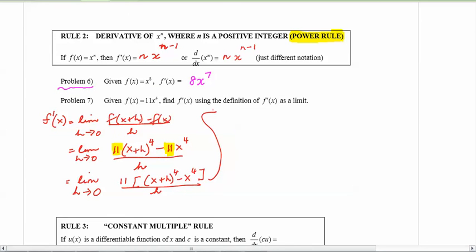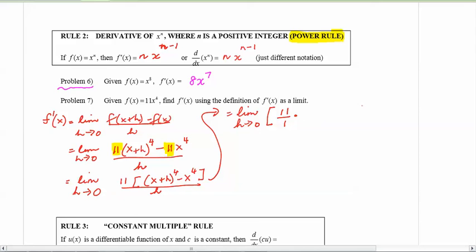Now, I'm going to use the techniques we met when we were doing limits. I'm going to take that one big fraction that I want to take the limit of, and I'm going to write it as the product of two things.